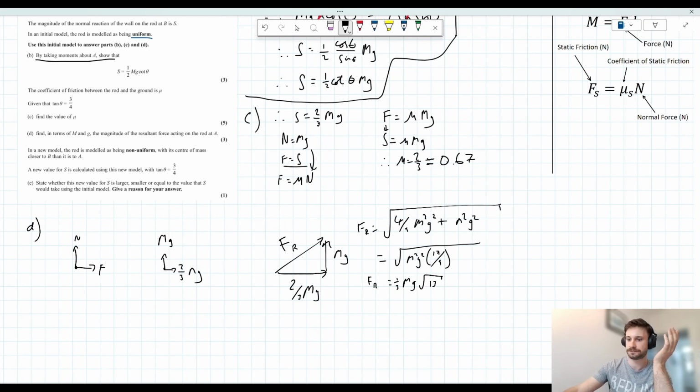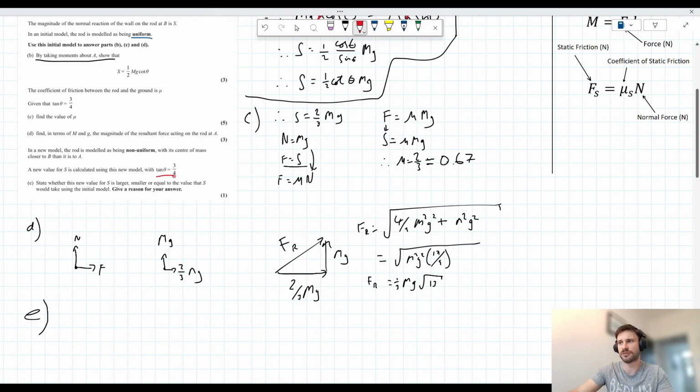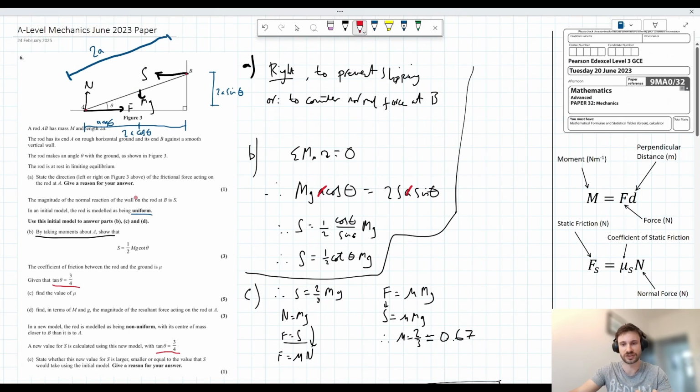Part E then. So part E is stating in a new model, the rod is modelled as being non-uniform with its centre of mass closer to B than it is to A. A new value for S is calculated using this new model where tan of theta is equal to 3/4. The only thing to note really when it says that is that the geometry of the problem hasn't changed, right?